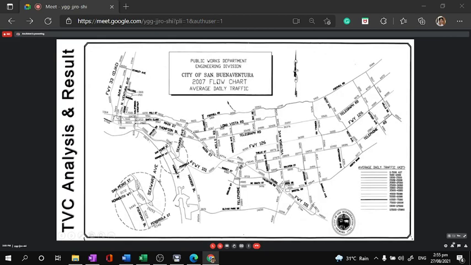Now, if you have a surveyed area and you have collected all the data, average daily traffic is based on the volume of traffic on a given roadway. So this is an example: 36,500 vehicles pass this road, in both directions.